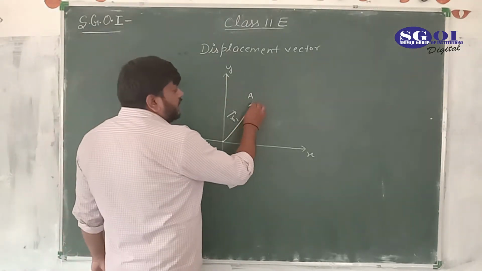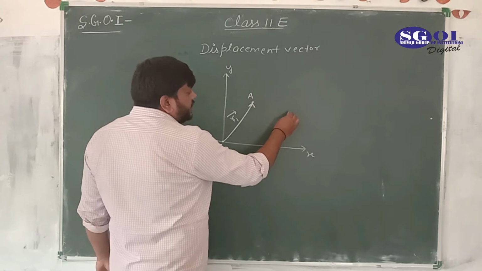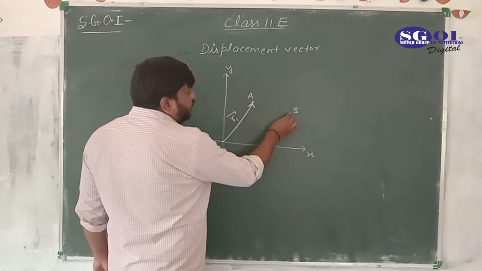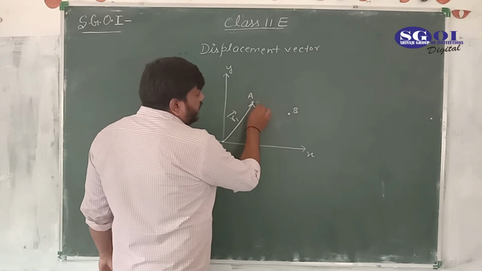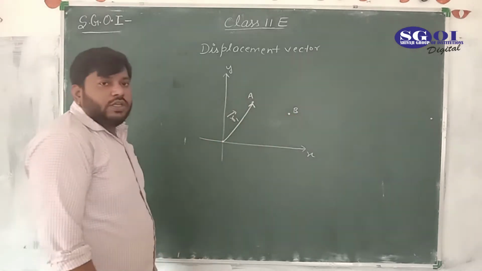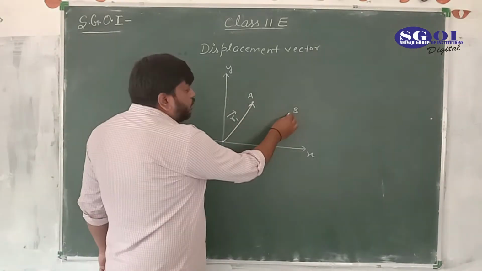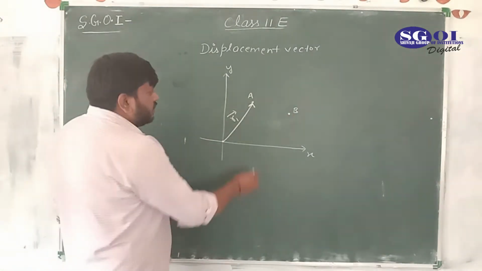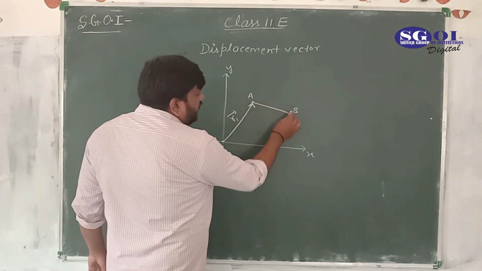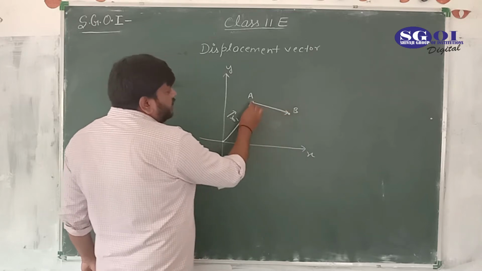Now suppose this object moves and reaches at the point B. Here to here, this object moves and reaches at the point B. Now, what is the position of this vector? He is moving in this direction.